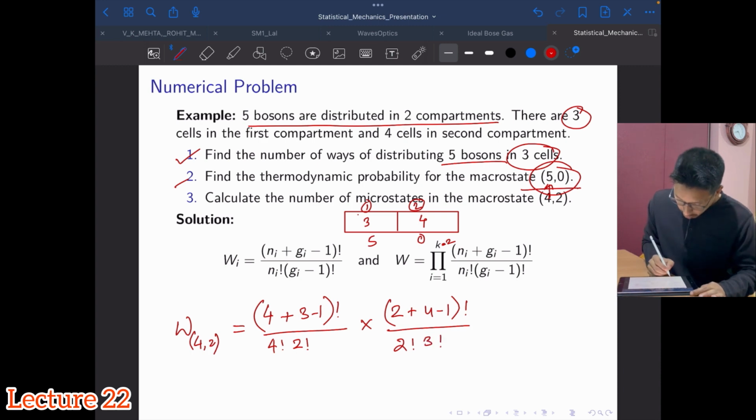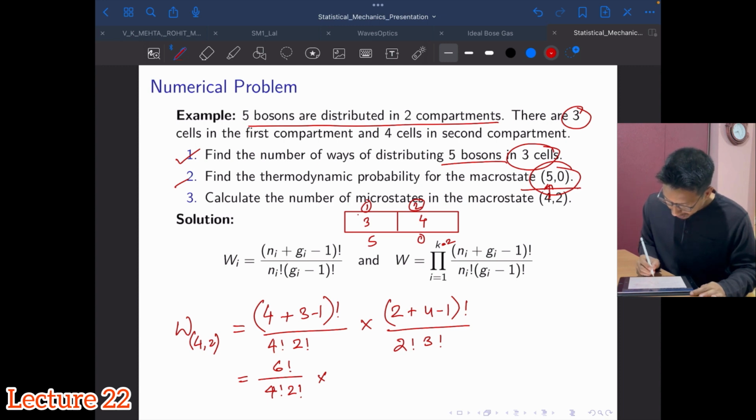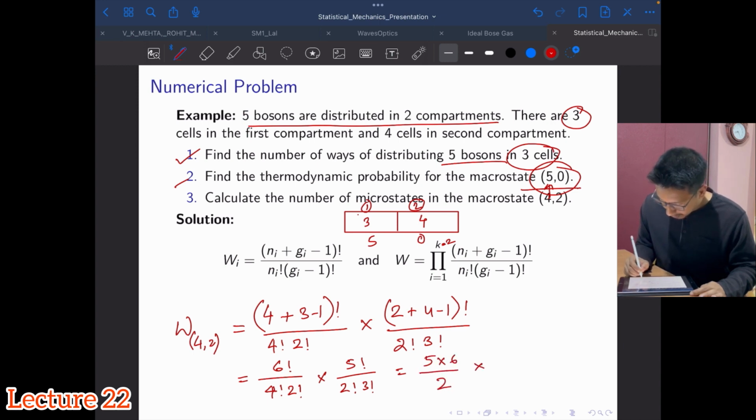So on top here I will get 6 factorial divided by 4 factorial into 2 factorial. Here we will get 6 minus 1, so it will be 5 factorial divided by 2 factorial, 3 factorial, right? So equal to, here will be 5 cross 6 divided by 2, and then here 4 plus 5 divided by 2.